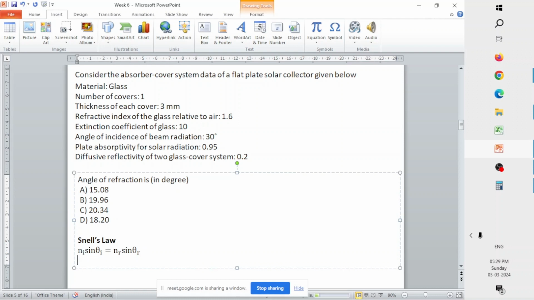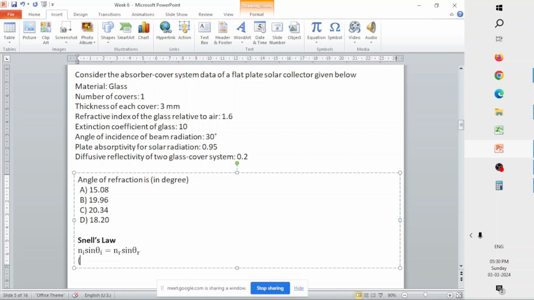Here again, as previously, we start with Snell's law, which is used for calculating the angle of refraction when your solar beam radiation falls onto your surface and undergoes refraction because of the change in the medium of your light.